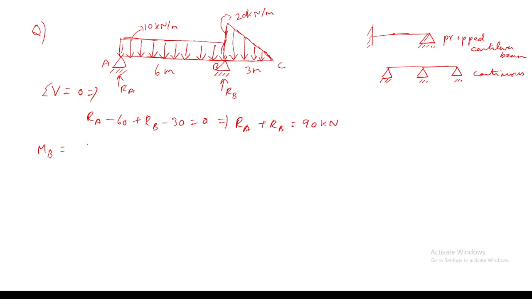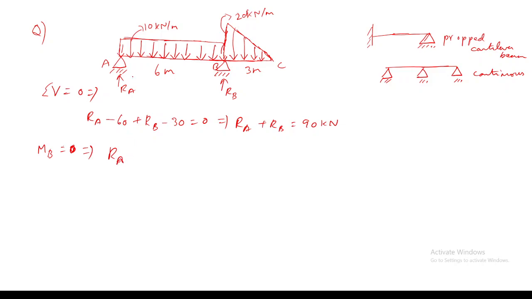Actually, the moment about point B is equal to 0, because there are no concentrated moments and this is a hinge support, so there will be no moment at point B. So the moment about B equals 0, which means RA.